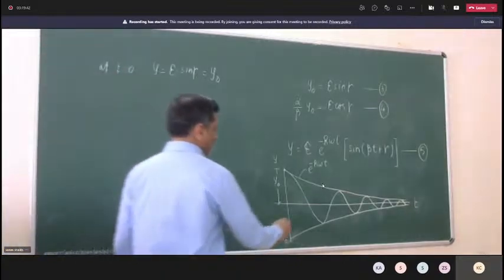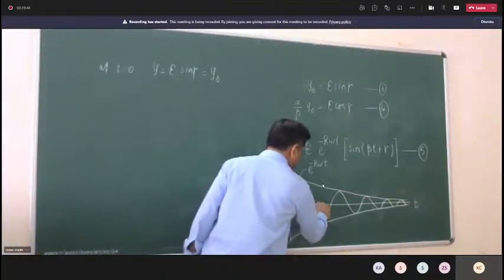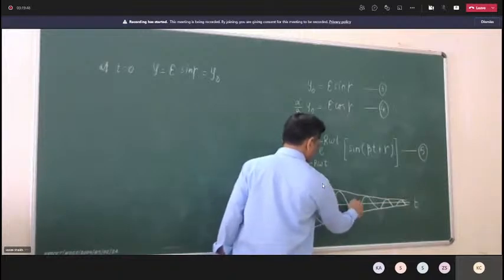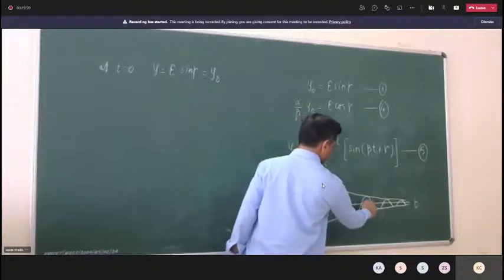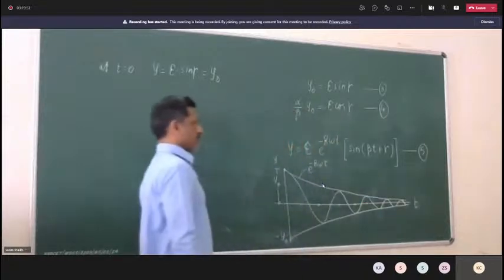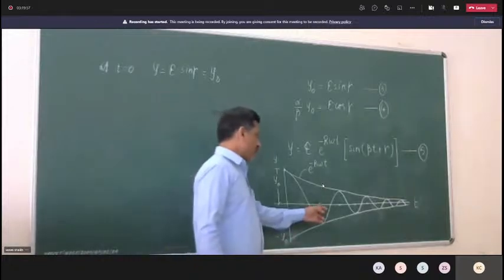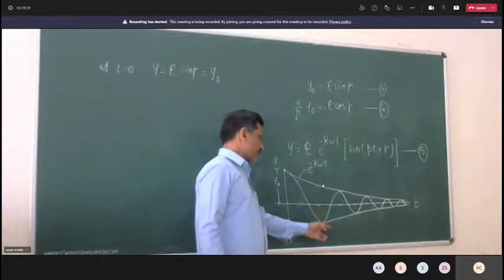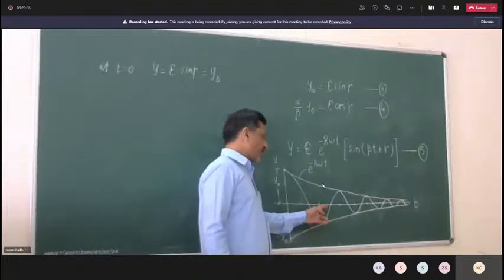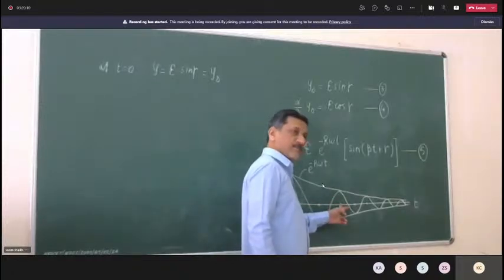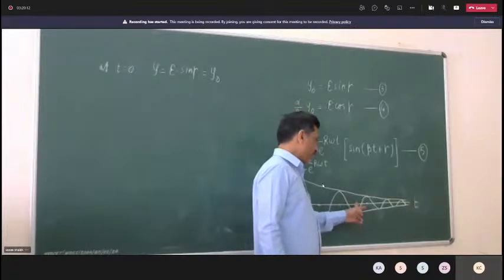Your displacement is maximum here. Next displacement is maximum here. Here. Here. Right. Can you tell me what will be the value of sin theta here? Sin theta is maximum, so theta is going to be pi by 2, 3 pi by 2, 5 pi by 2, and so on.